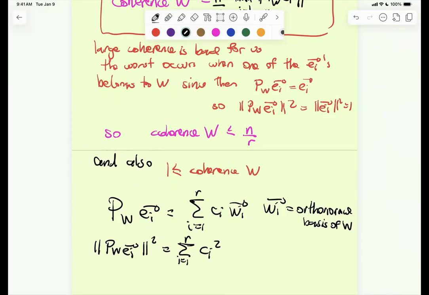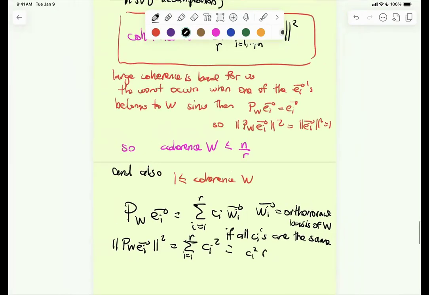You get that, and the most random, almost uniform scrambling of the vector would be where all the coefficients are of the same value, right? Uniformly, so that all the directions are counted the same when you project. So the most it could be would be if all the c_i's are the same. This would be c_1 squared times r.